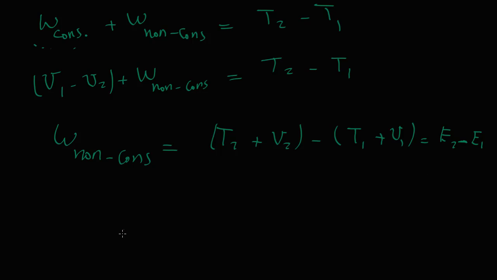If E2 minus E1 turns out to be positive, that means that from going from point 1 to 2, the energy of the system has increased, and the work of all the non-conservative forces is a positive quantity. That means we have pumped energy into the system. If this term is negative, the work of all the non-conservative forces is negative, and we have dissipated energy from the system.